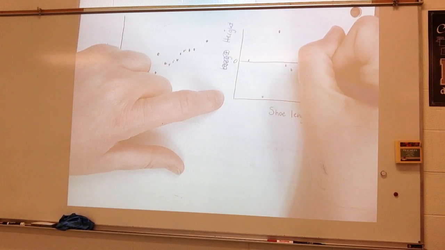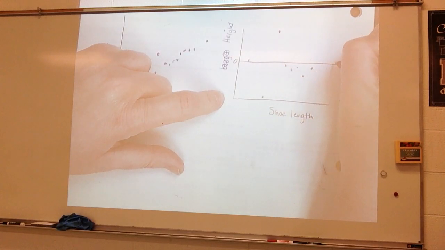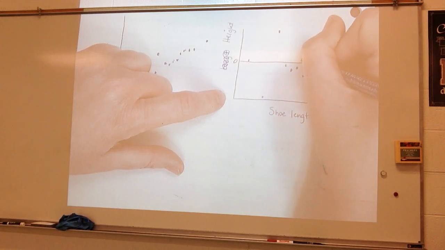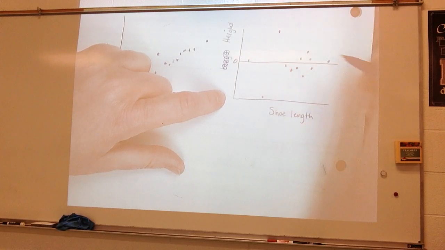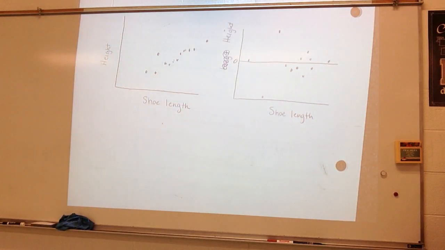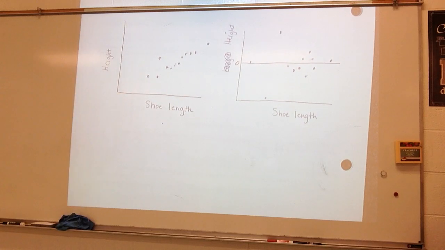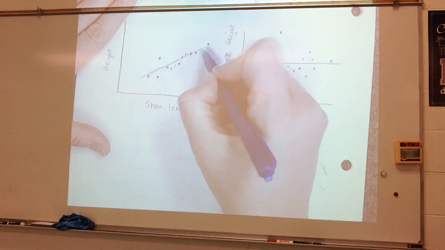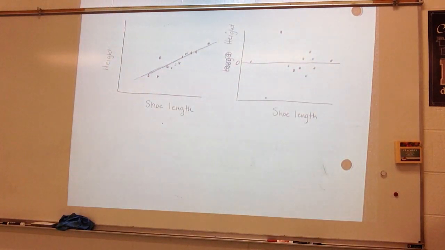Notice that for the most part, my dots aren't horrible. They're not extremely far away from that least squares line. If I were to draw my least squares line, it would be somewhere like this. So you're going to see some small residuals, and then this is what our residual plot would look like.